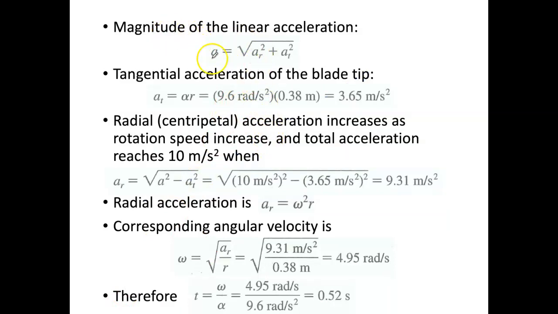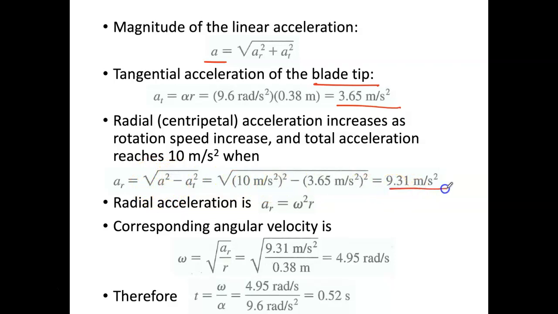If I want to know the magnitude of the linear acceleration, I have to first find the linear acceleration of that blade tip. Once I do that, the centripetal acceleration increases as the rotational speed increases. So now I can find the total acceleration by accounting for the tangential part.